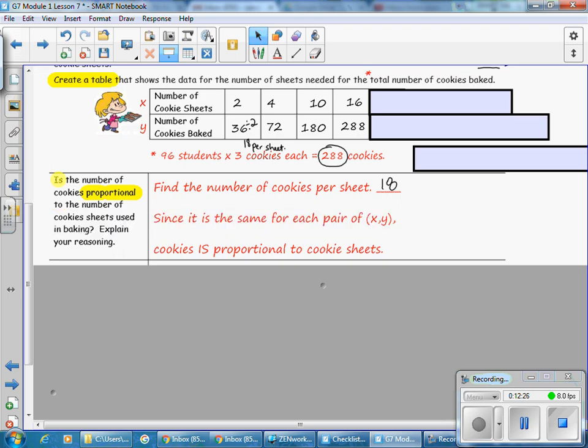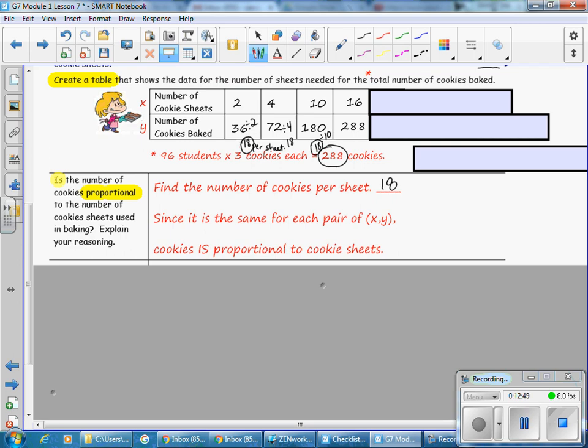Since it is the same pair for x, y, then the cookies is proportional to the cookie sheet. I know that because 36 divided by 2 is 18. 72 divided by 4 is 18. 180 divided by 10 is 18.